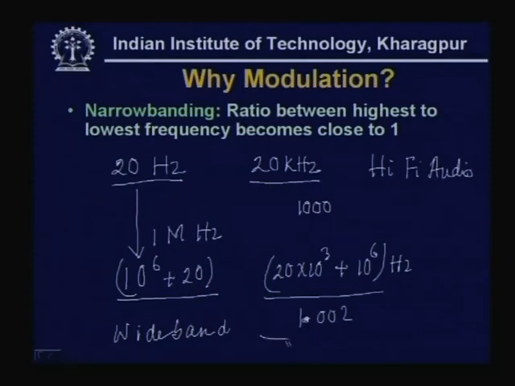Now, it is translated into a frequency of very narrow band, having the ratio of highest to lowest of only 1.002. So, this allows you to transmit very effectively by using a suitable antenna. So, this narrow banding is another benefit of this modulation.